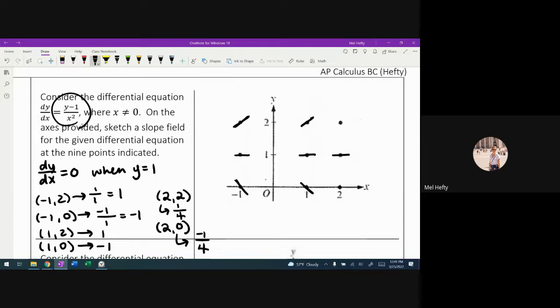What I do want is for them to be less steep than the ones I drew for x equals 1. But I want to make sure they look slanted and not flat like the ones at y equals 1. If you don't like the line that you draw, erase it and draw another one. It's okay. You're going to notice as I draw these, I usually hate the first line I draw pretty much every single time.